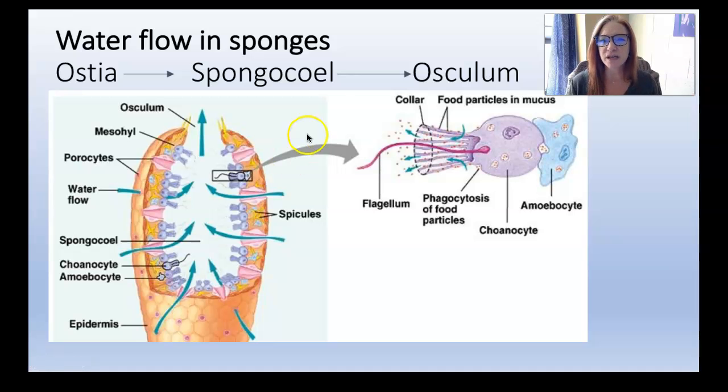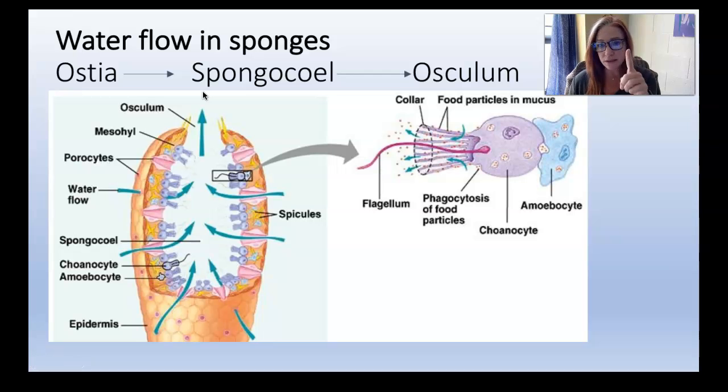We call those atria or spongocoel. Okay, so that's that middle open bit. That's where the gas exchange is going to take place with oxygen and carbon dioxide. It's where they're going to be getting rid of their metabolic wastes as well, just cell-to-cell diffusion. And then the water flows out, up, and out through the osculum.